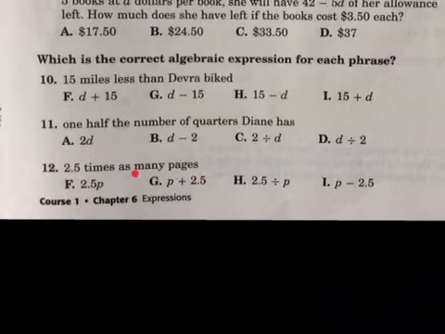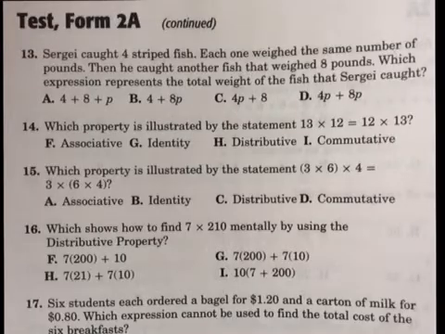So we don't know how many pages, but we know it's 2.5 times more. So we need pages times 2.5. There it is. This is multiplication. Okay, I hope you got those. If you did not understand how to do this, you can also visit the lesson where we learn writing algebraic expressions. Okay, number 13.